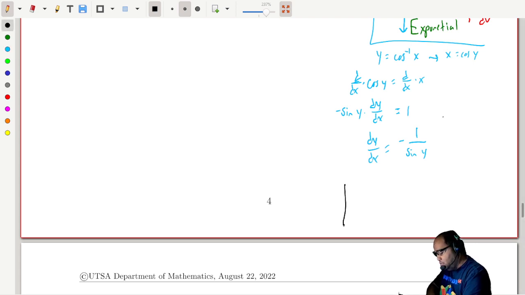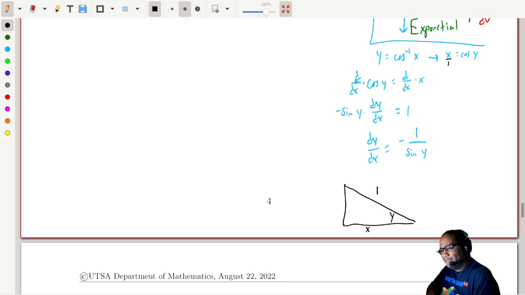I'll remember how to do this soon. Draw a triangle. y is my angle. Cosine is x, which is x over 1. Cosine is, what is it, folks? SOHCAHTOA, adjacent over hypotenuse. And the missing side can be found here by Pythagoras. I'll skip some of the details there. But what's the sine of y here?